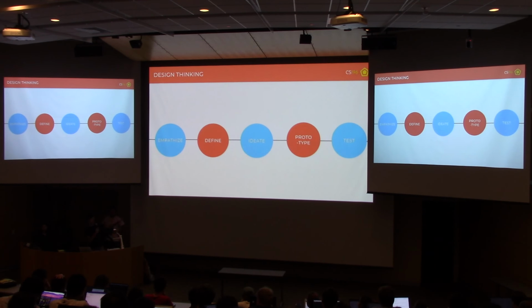Now, it has 5 steps. The first one is empathize, the second one is define, there's ideate, prototype, and test. So empathize, like the name says, it's about empathy, right? It's about trying to put yourself in the place of somebody else, put yourself in somebody else's shoes, and try to understand what they're going through.